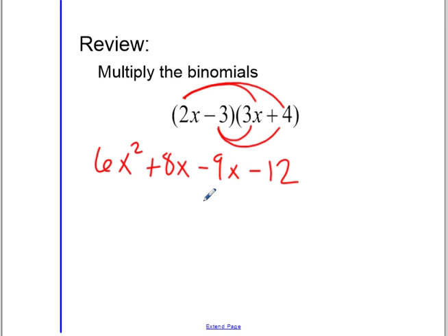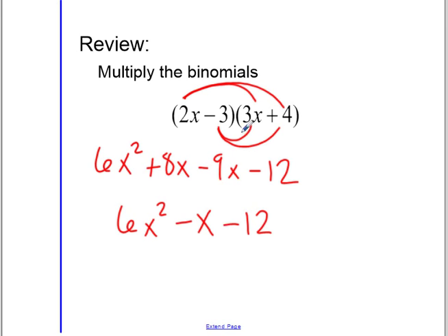The 8 and the negative 9 gives me a negative 1x with a negative 12 and a 6x before and after it. What I want you to notice is that we will still be thinking about factors of the C number, but we also need to consider that the number in the middle is made from two numbers that don't necessarily come from the 3 and the 4.